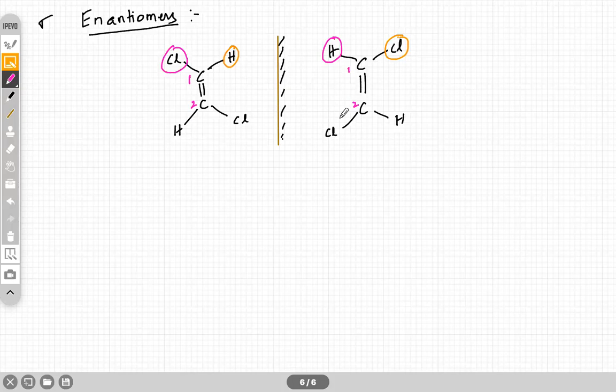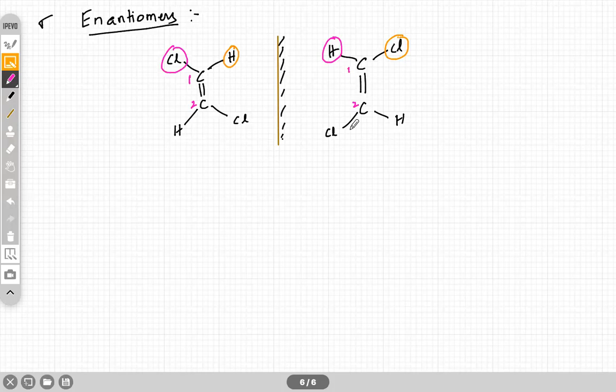Okay, now what happens if you take an equimolar mixture of these two enantiomers? Suppose you take 10 moles of this and 10 moles of this and mix it. So we'll have the equimolar mixture. That equimolar mixture of enantiomers is called a racemic mixture.